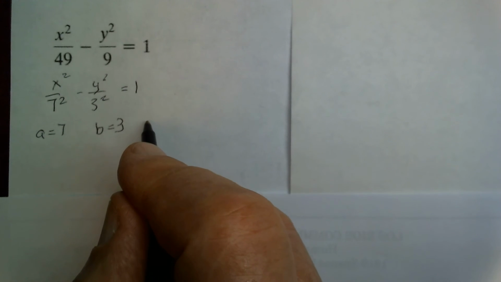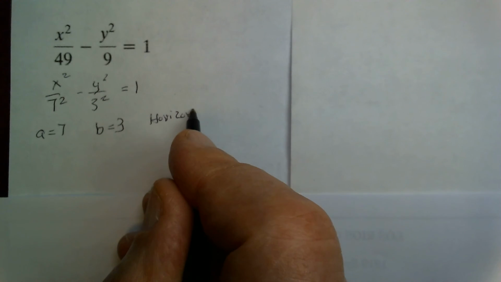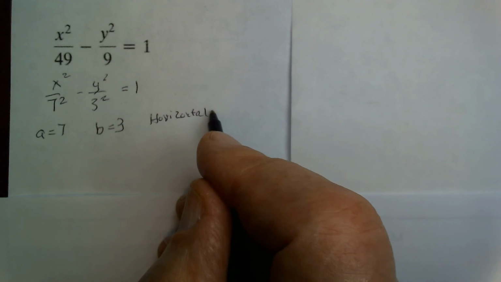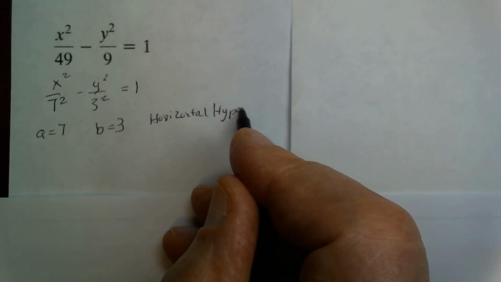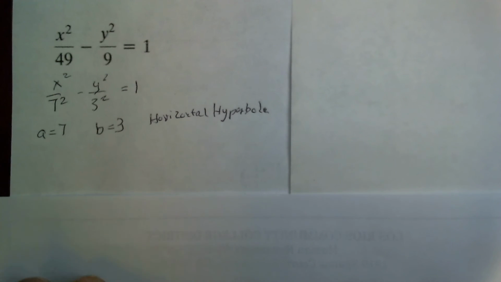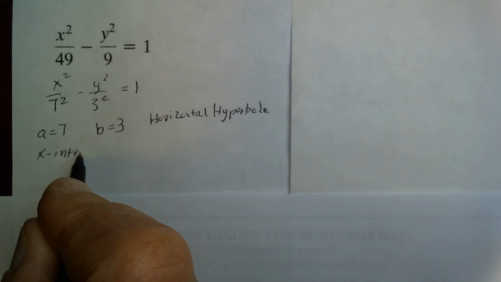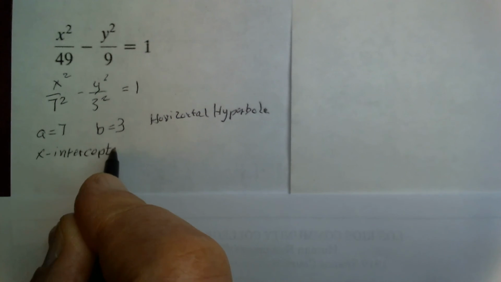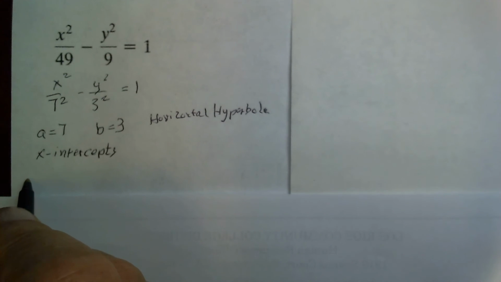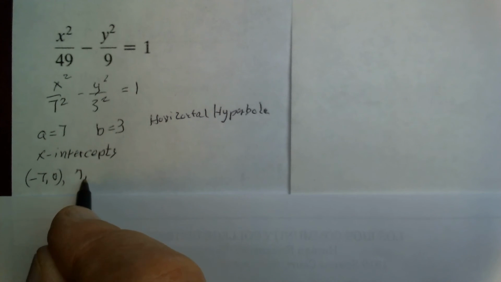It's a horizontal hyperbola, and the x-intercepts are (minus 7, 0) and (7, 0).